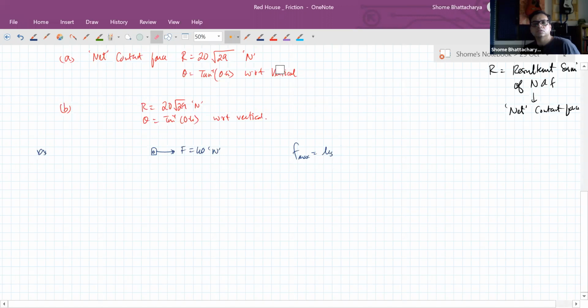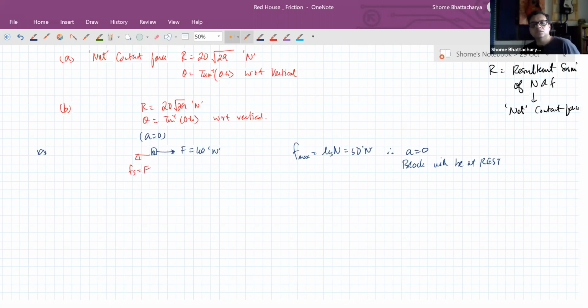It is 50 newtons. Therefore, acceleration of the block will be zero. The block will be at rest.